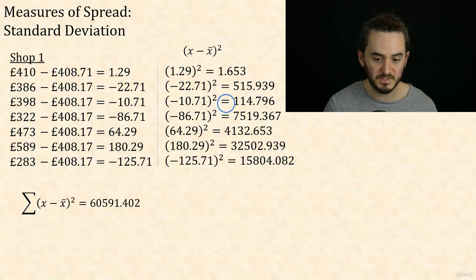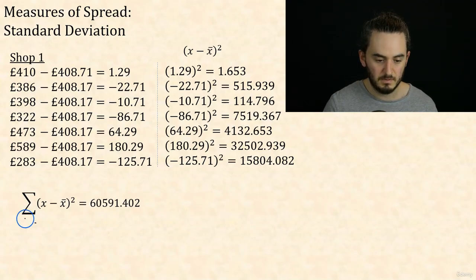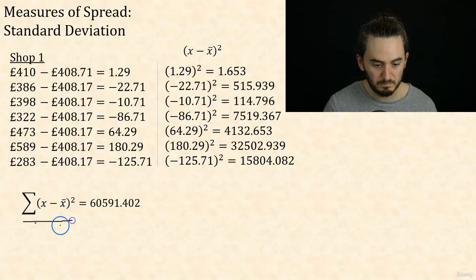So we add all of the terms up first, and then to find the average squared distance, we divide that by the total number of data points. That means dividing by n, the number of data points. In our case, n is 7.